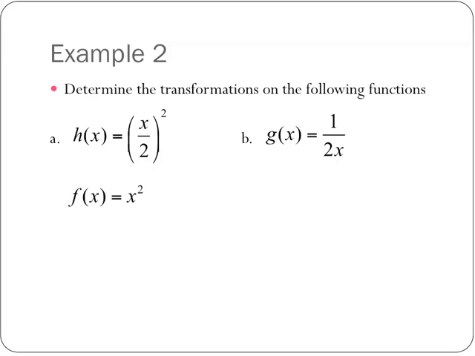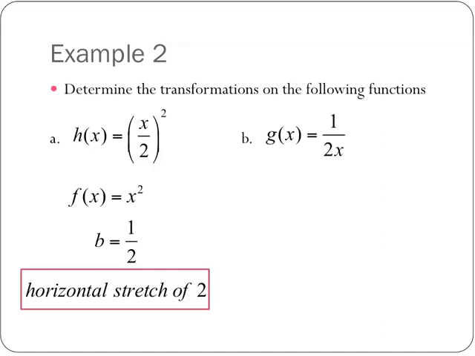And inside of the function, what are we multiplying by? We're multiplying by 1/2. So b is equal to 1/2. Now what does that correspond to in terms of a transformation? Well, b in this case is less than 1, so it's a horizontal stretch, and then it's by a factor of the reciprocal of this, 1 over 1/2, which is 2. So it's a horizontal stretch of 2.